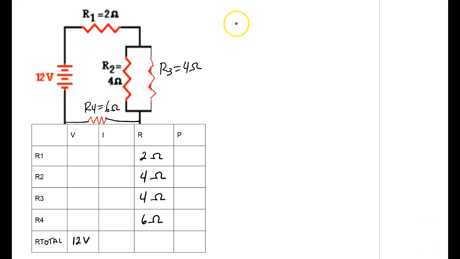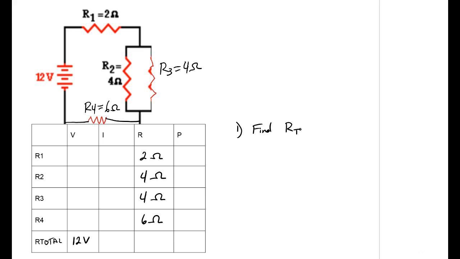Okay, so what should we do first? Okay, so we're going to look for the total resistance first to see if that is possible. And here's where we run into an issue right away.